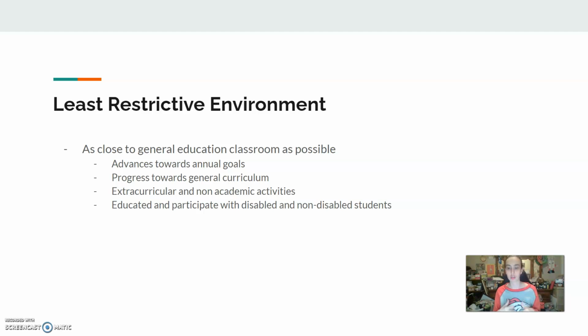That is not the least restrictive environment, to have a kid in a sped classroom all day, unless there is no other option. So the least restrictive environment is to help the student advance towards the annual goals that are outlined in the IEP. So they should be steadily making progression at all times.